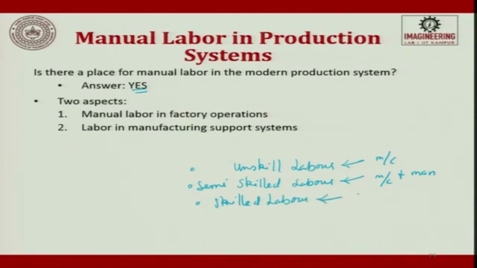Here they have so much knowledge, they can be used for programming of machines, programming of logics, and programming of software also. So, you can see they are really skilled labor. Today more and more manpower is required in skilled labor rather than unskilled and semi skilled.